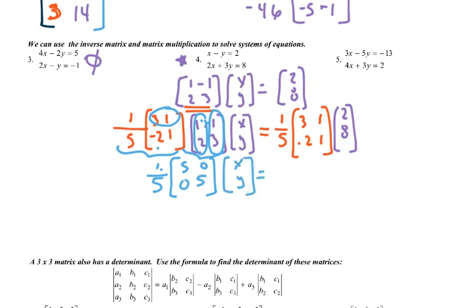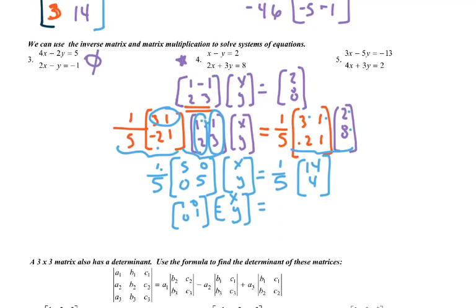Equals. And then here I might as well multiply these two together. So it would be 2 times 3 is 6, plus 8 is 14. And then it looks like -2 plus 8 is 4. If I were to distribute my 1/5 now, do you agree that I would get the 1, 0, 0, 1 identity matrix times xy?